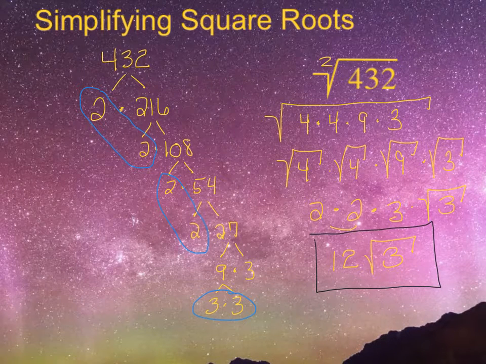Now, if you ever wanted to check your work, you could easily do so and make sure that you get back 432. And you could do that by going in reverse. If I were to put that 12 underneath that radical, now I would need to square instead of square rooting. So the square of 12 would be 144. So we would want to make sure that 12 squared times 3 gets back this 432.